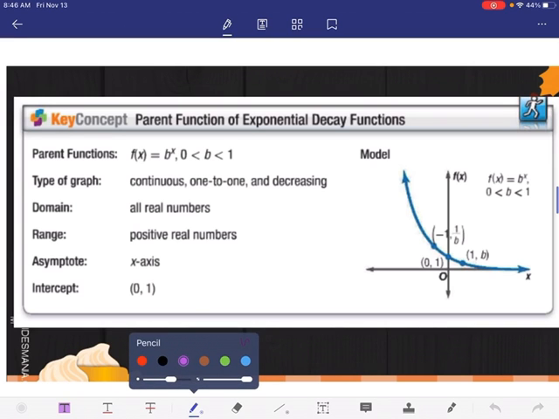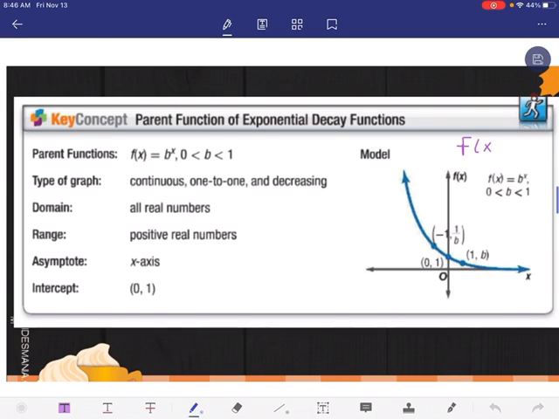So let's go over here. If we had, say, an example of f of x equals 1/2 to the x, notice that when I plug in 1, I'm still going to get my base. But since my base is a fraction now, I'm going to get out a fraction. I still get 0, 1 like normal, but now when I plug in -1, when it flips it or gives me the reciprocal, it's actually going to give me a whole number like 2.